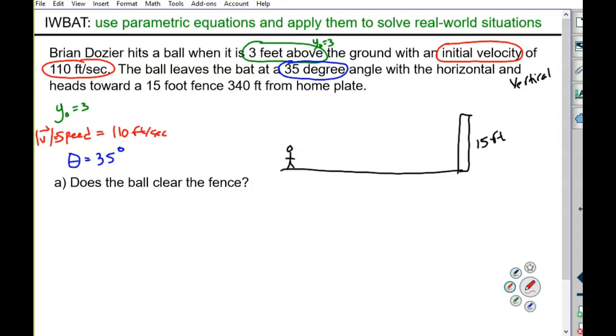But what happens? Brian Dozier is going to hit a ball. And it's going to go up, and we don't know if it's going to go over. I don't know if it's going to hit the wall yet. I'm just going to stop right there, because I'm not sure where it's going to actually go, but we know it's headed in that direction. And we know that the angle is 35. I should do that in blue.